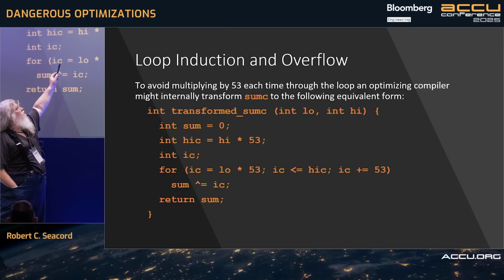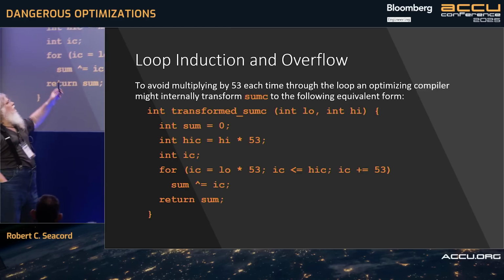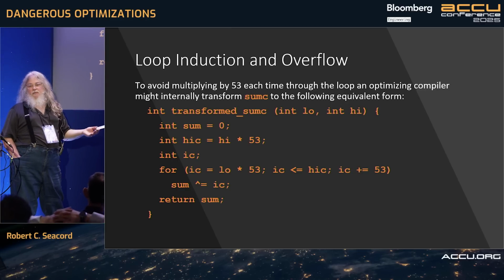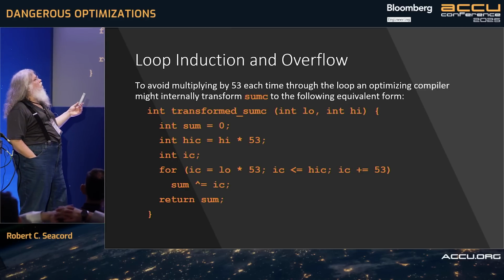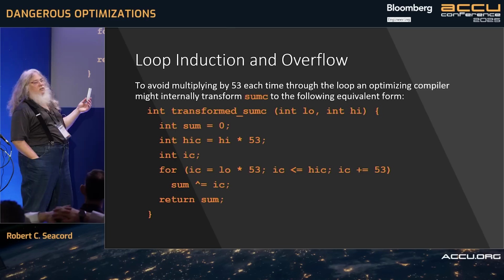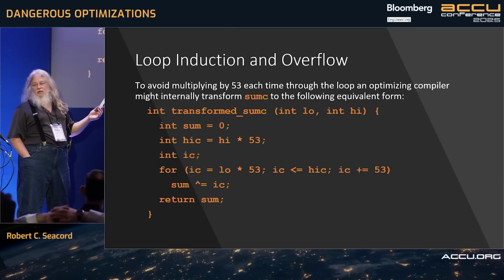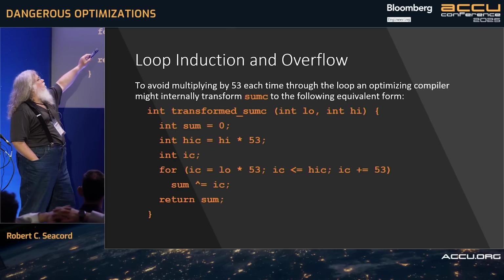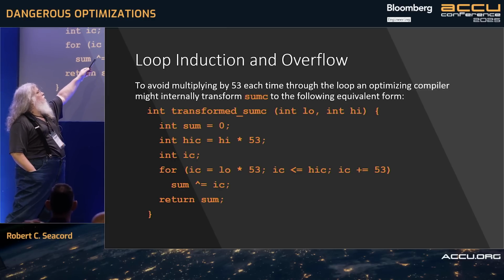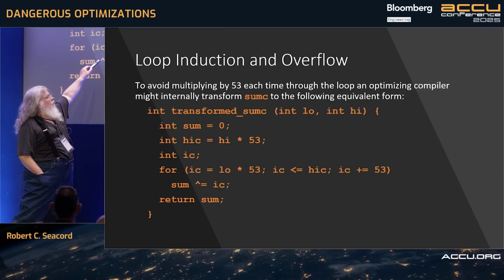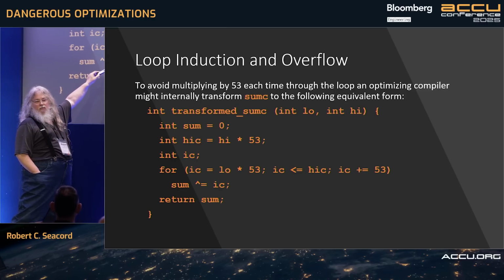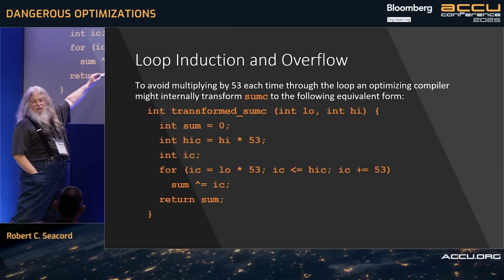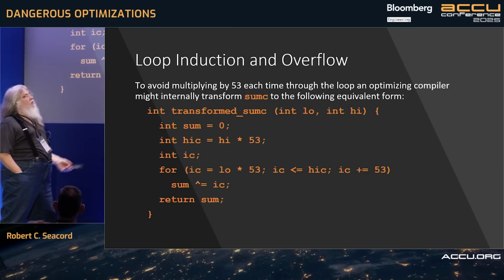If that's the case, then first of all, you've got undefined behavior. But second of all, most likely the behavior is going to be wraparound. And so you're going to wind up with a value here that's quite a small value, and then this loop is probably going to run a very few number of times, if at all.